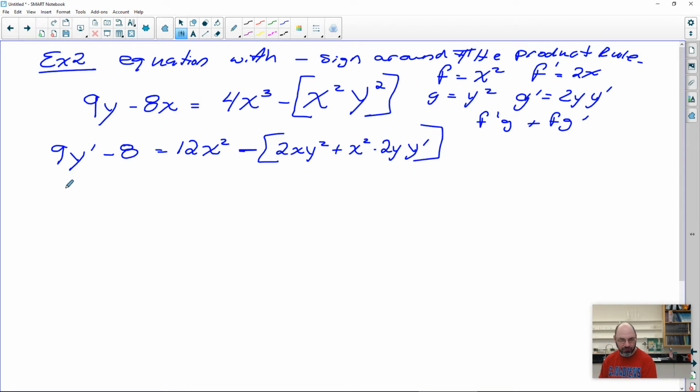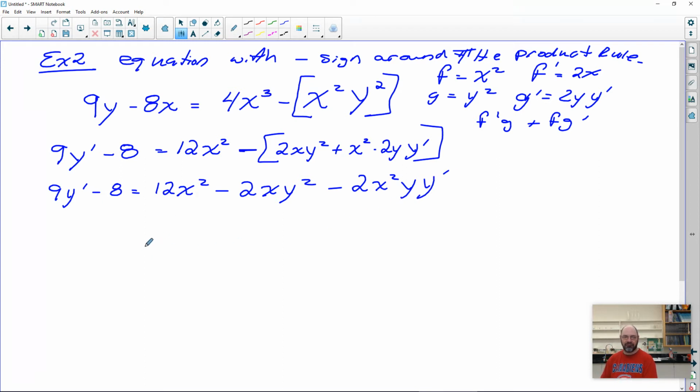Okay, so now we've got 9y prime minus 8 equals 12x squared. Now we're going to remove the brackets with the negatives. Minus 2xy squared. And then the negative has to go in here as well. So minus, and then we'll put the 2 up front, 2x squared y prime.